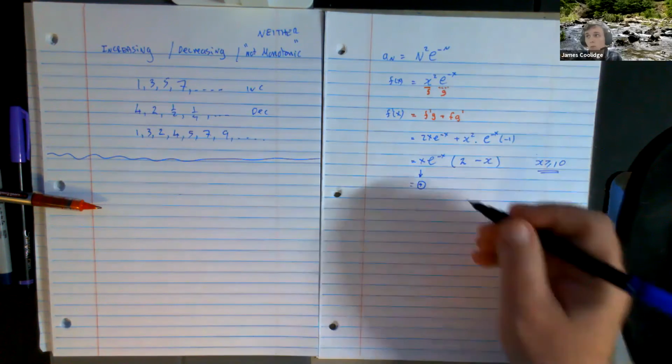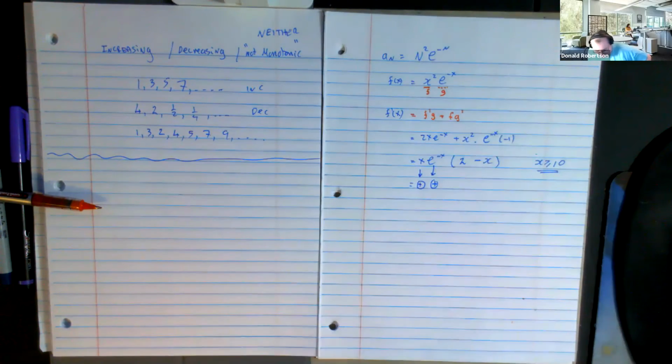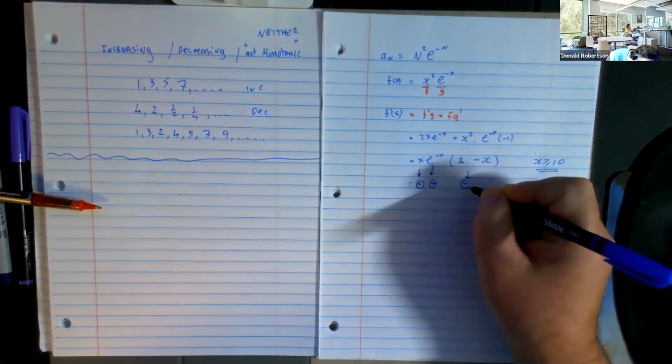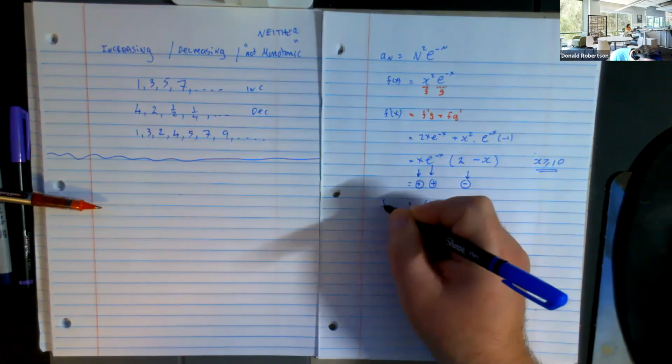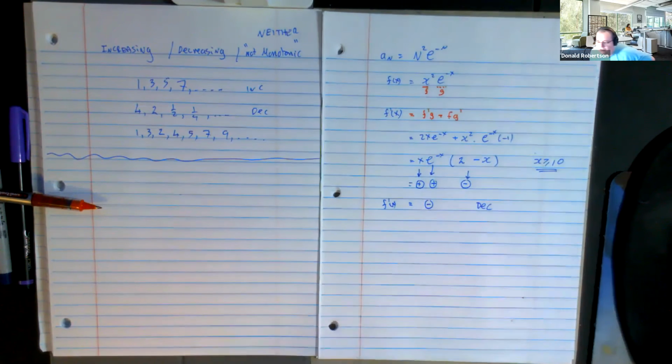They're just very small, but they're positive. Now, 2 take away x, 2 take away 10, 2 take away 2 million, 2 take away 1 billion. Would you agree that as long as x is a big number like 10 or bigger, that is negative? So what does this combination tell me? It tells me that the derivative is negative. So won't that make this one a decreasing sequence?